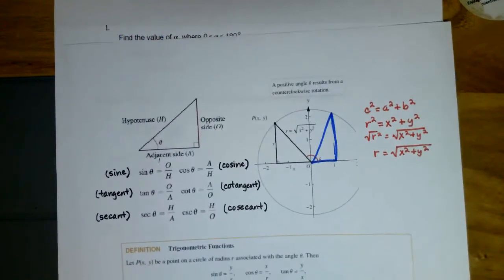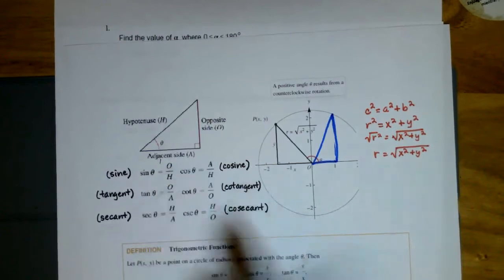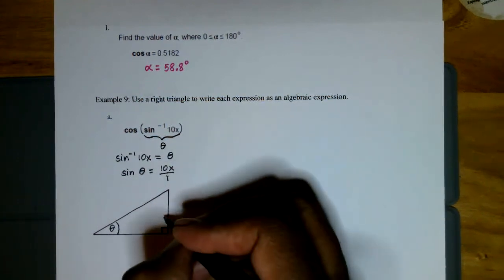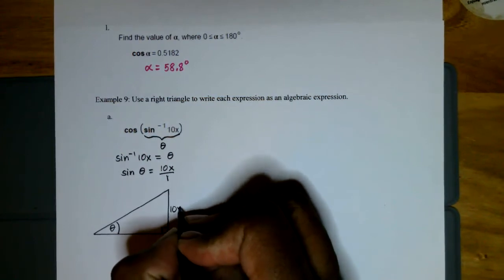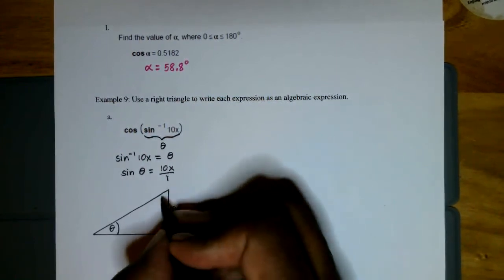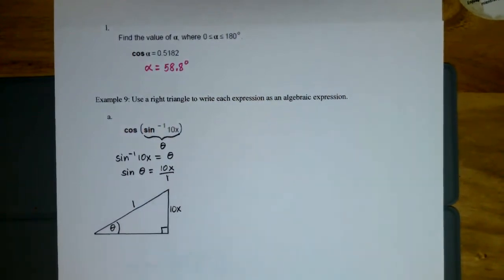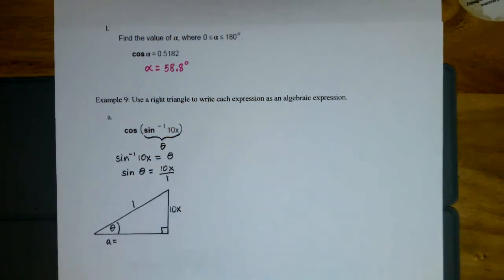Somewhere in the handout for section 1.4 is this. Sine theta is opposite over the hypotenuse. So if this is theta, the opposite side is right here. That has to be 10x. The denominator is the hypotenuse. The hypotenuse is the longest side of that right triangle. That's going to be labeled as 1. And a is what I'm trying to find, the length of that side.